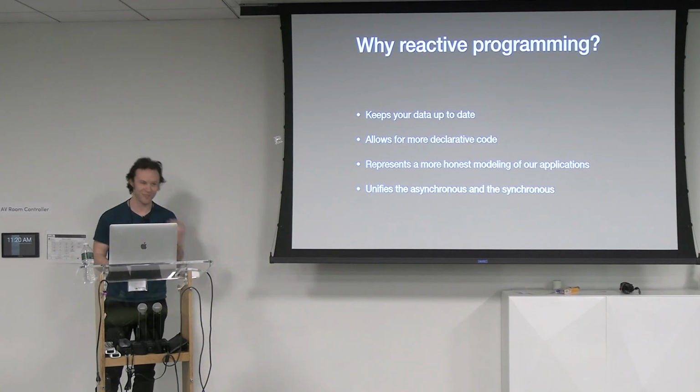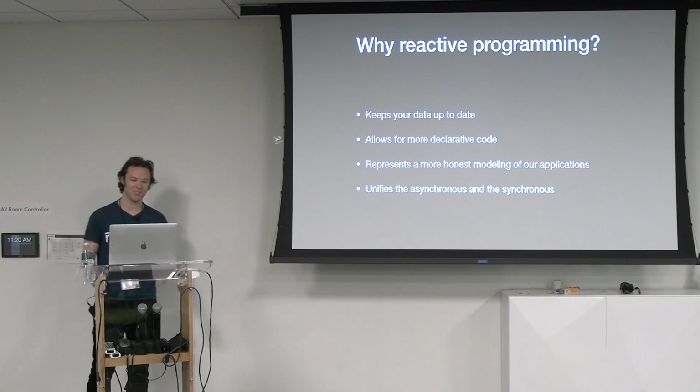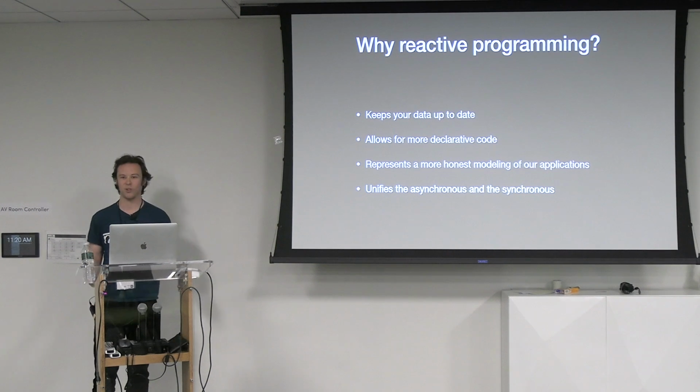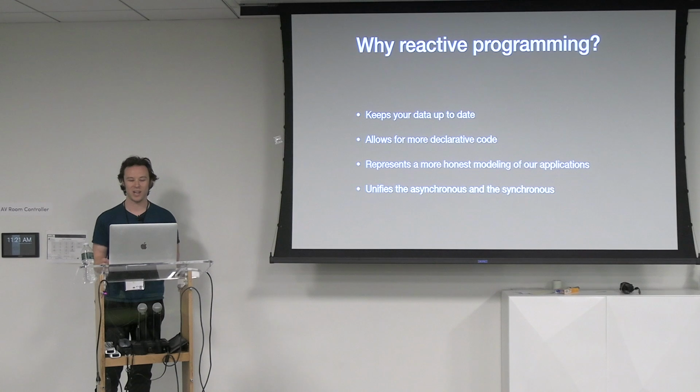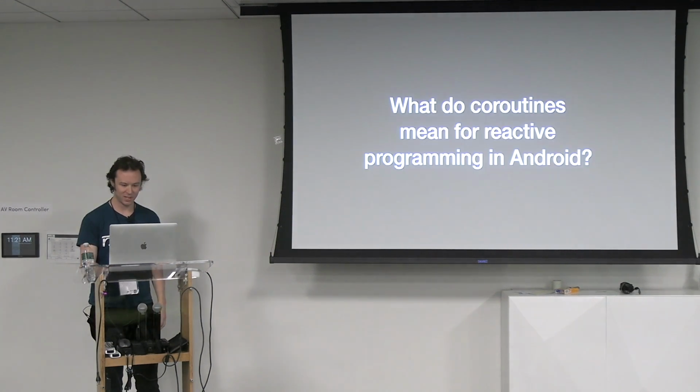Usually we'd rather make everything synchronous. And we'll see that coroutines let you do that a little bit. But when you employ this model of reactive programming, especially with RxJava, you go more in the everything is asynchronous world, and you stop ending up in these scenarios where you have synchronous code that's jutting up against asynchronous code that you're trying to mash together. Instead, if everything's in this asynchronous world, then it all flows a little bit more naturally. So those are some of the benefits of reactive programming.